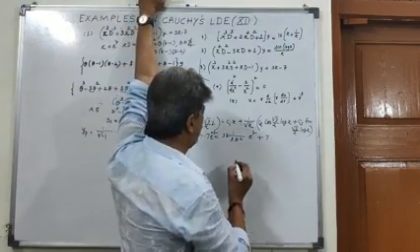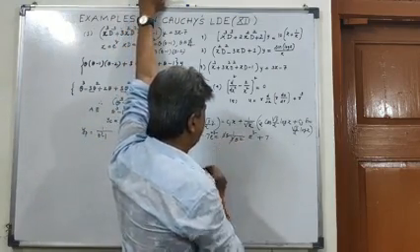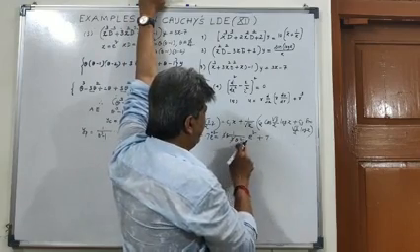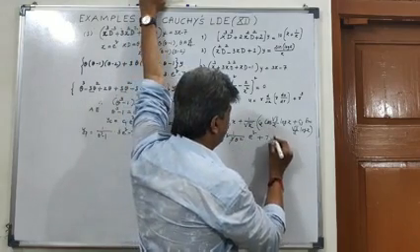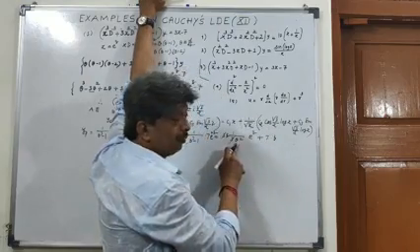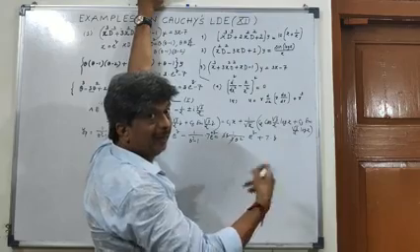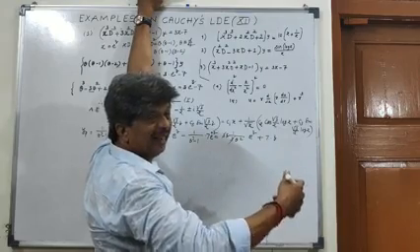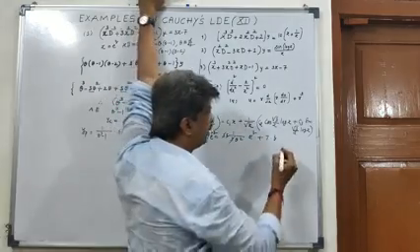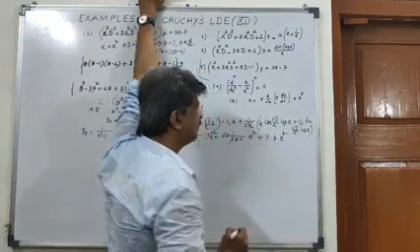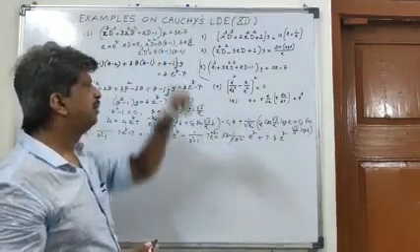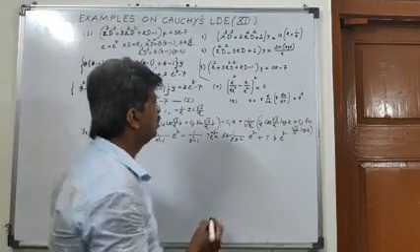So in particular, this comes out as 3 goes, z into 1 upon theta square of e raised to power z, double integral of e raised to power z with respect to z, e raised to power z. First integral is e raised to power z, second integral is also e raised to power z.